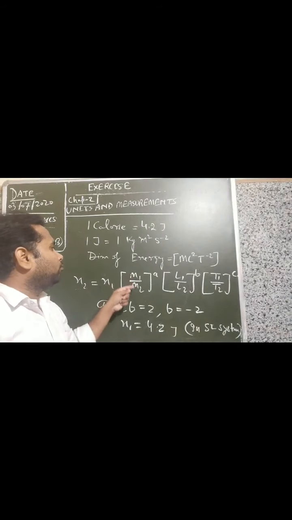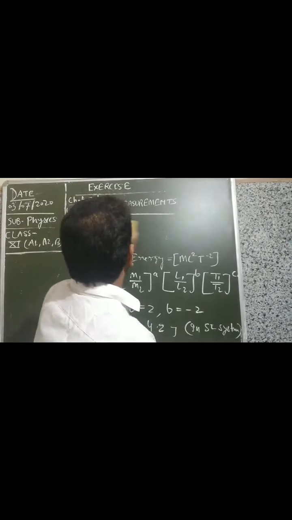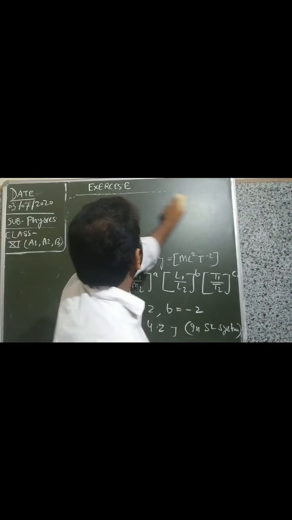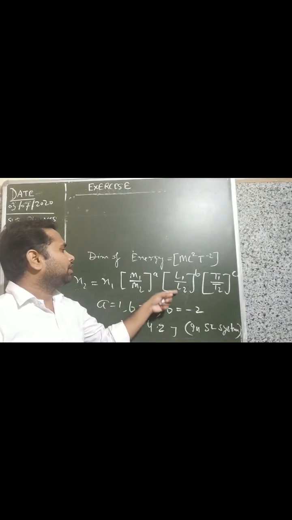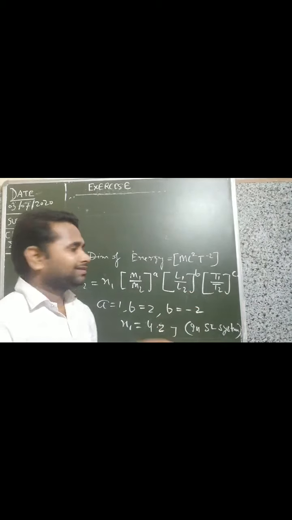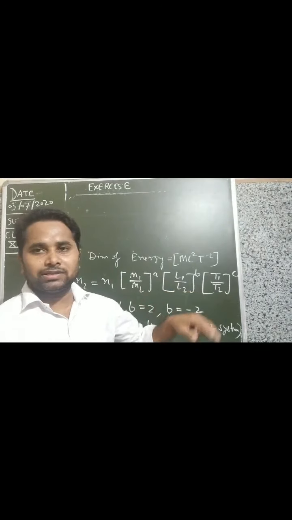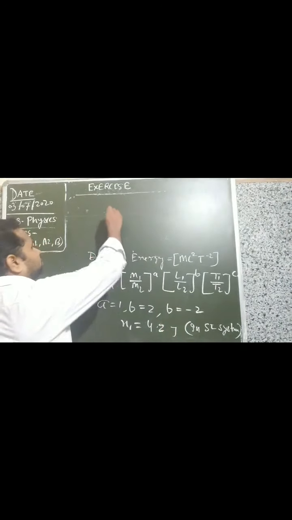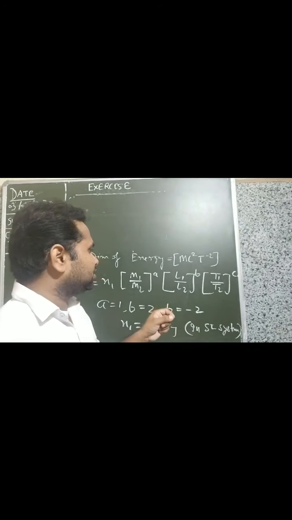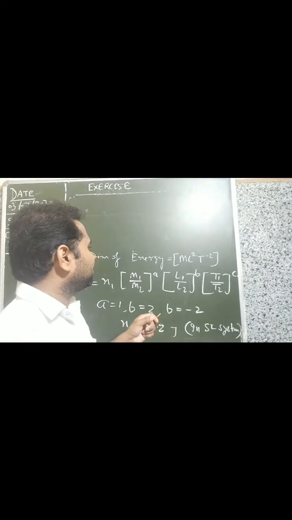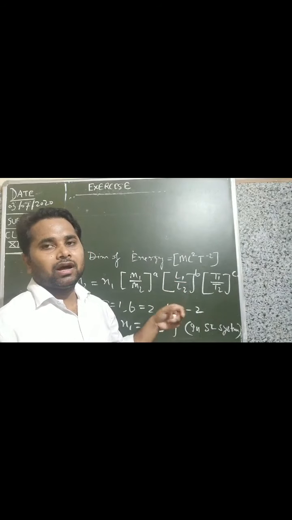So let's describe M1, M2, L1, L2 and T1, T2. See, M1, M2, L1, L2 and T1, T2 are the sizes of mass, length and time in the first system of unit and second system of unit. The first system of unit here is SI, and the second system of unit is a new system in which the units of mass, length and time are given as alpha, beta and gamma.